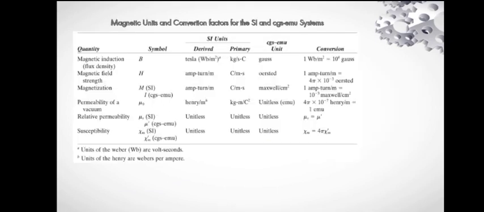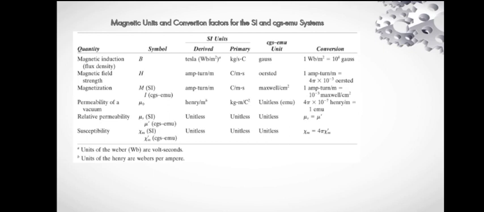So we are going to discuss the magnetic units and conversion factors for the SI and CGS-EMU systems. The magnetic induction, or let's say magnetic flux density, denoted by B, represents the magnitude of the internal field strength within a substance that is subjected to the H field.